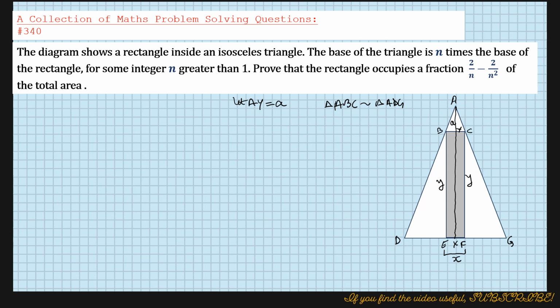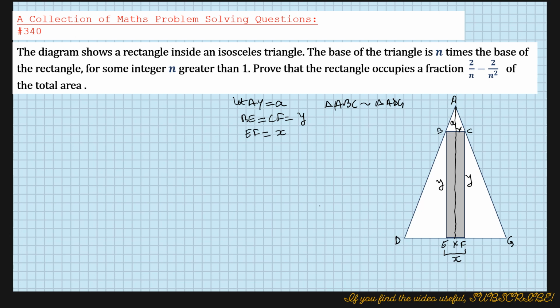So let AY equal a, and let BE, or sides of the rectangle, BE equals CF, and that equals y, and EF equals x.